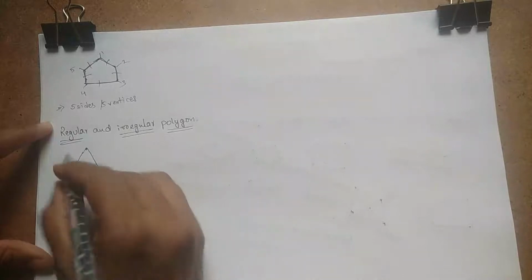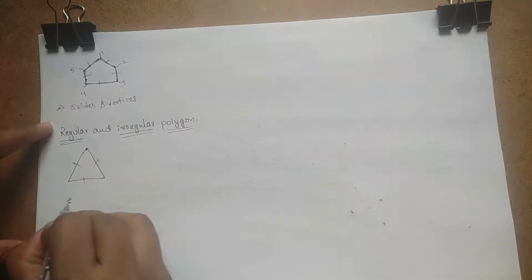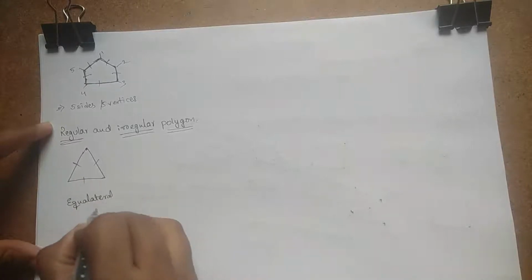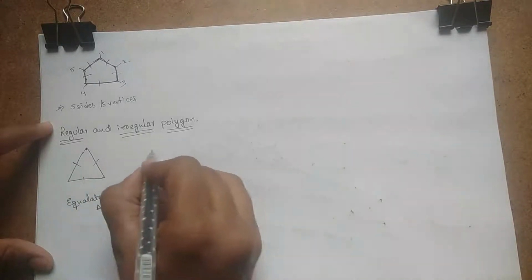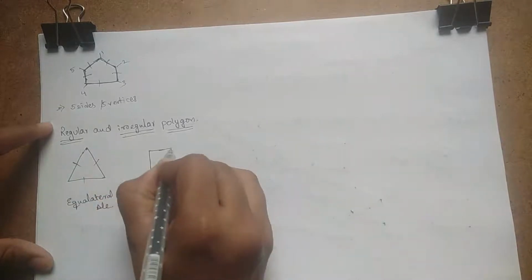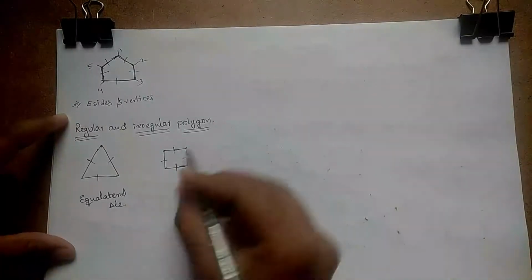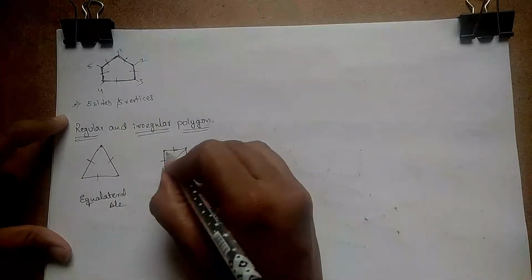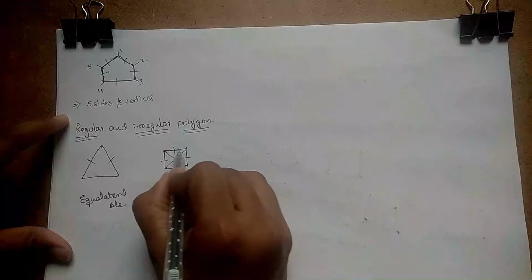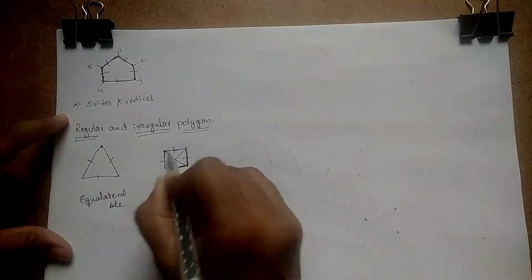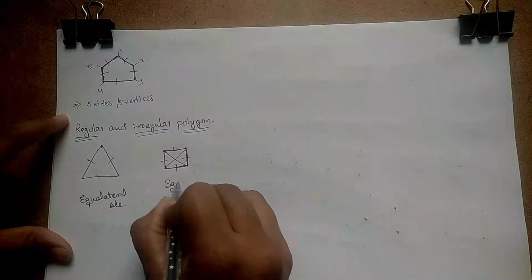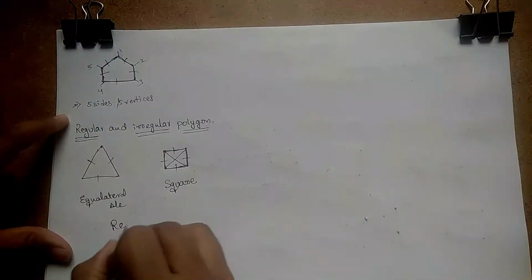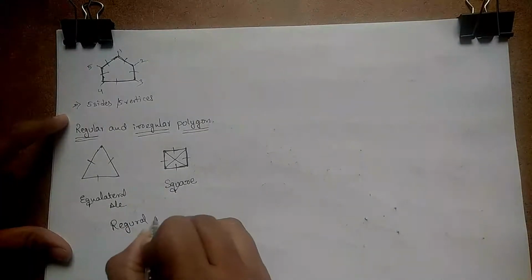If you observe, this is a triangle with similar sides, that is nothing but an equilateral triangle. If you take a square, it also has 4 equal sides, 4 vertices according to the polygon rules, and diagonals also. Since it has equal sides, it is a square, which is also a regular polygon. So these are regular polygons.